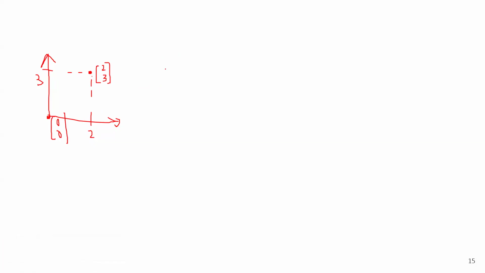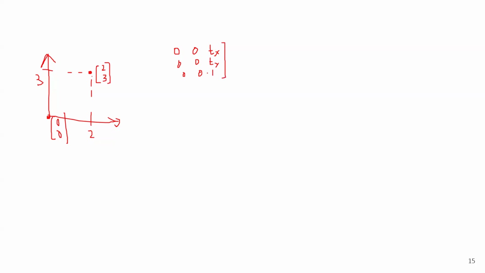So this is without rotation, the translation matrix: 0, 0, tx; 0, 0, ty; and 0, 0, 1. So it's a 3 by 3 matrix.